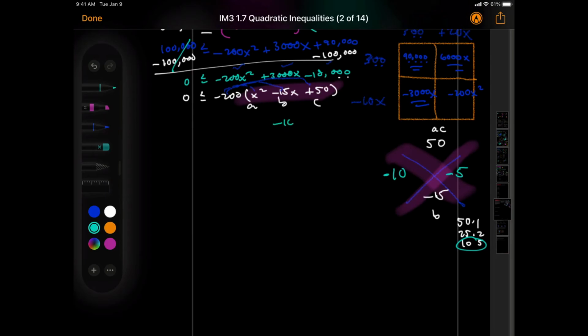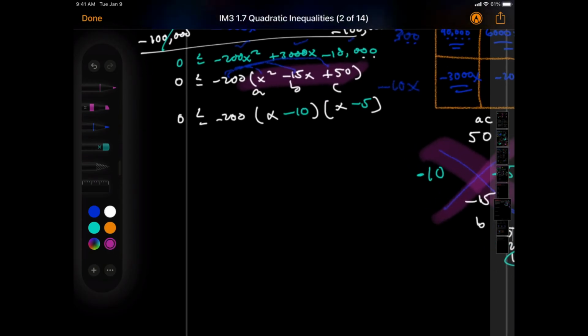So the answer here, so far, and if you remember, our trick in factoring is that if A is 1, then you don't need to do the box. Let me say that again. In factoring, we said that if the A value, which is inside the parentheses there, is 1, then you don't need to do the box. Feel free to do the box and you'll get the same answer, x minus 10, x minus 5.